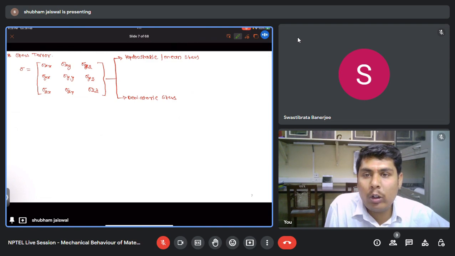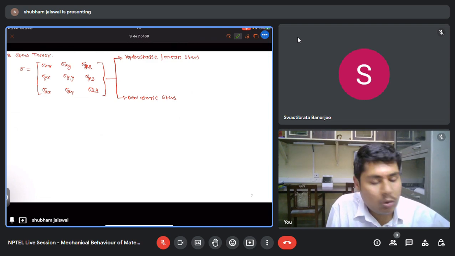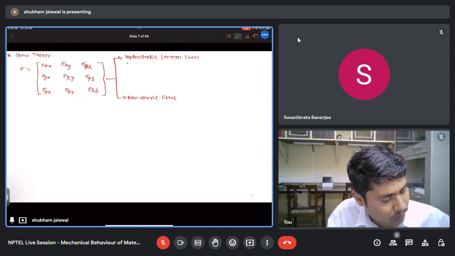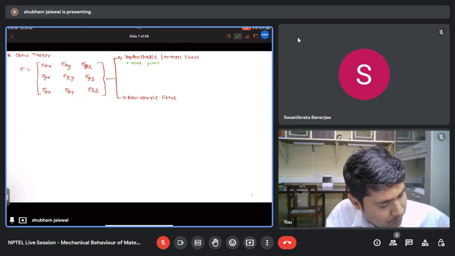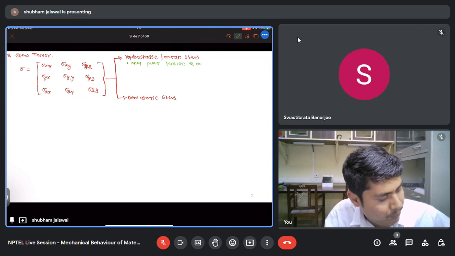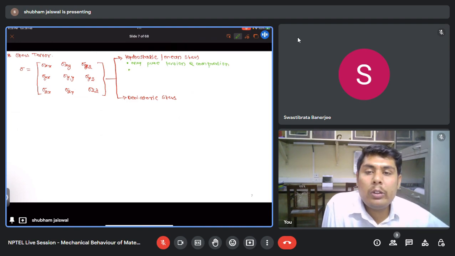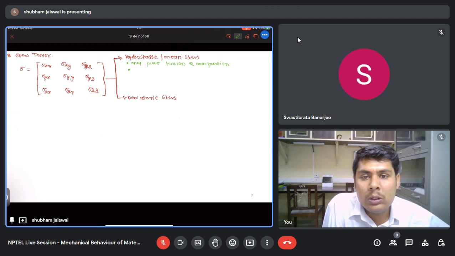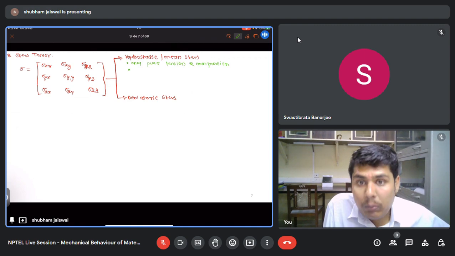That is, it only involves pure tension and compression. And what is the second feature of hydrostatic stress? It involves only elastic changes in the volume. So it doesn't consider the plastic deformation. Okay, it doesn't induce a plastic deformation.